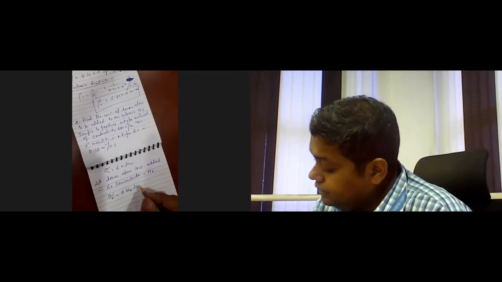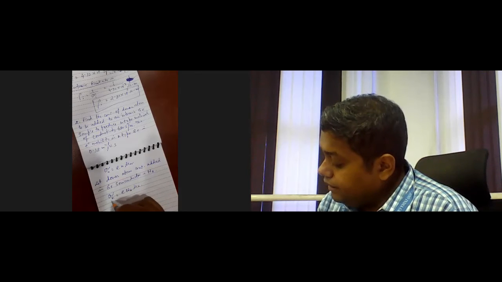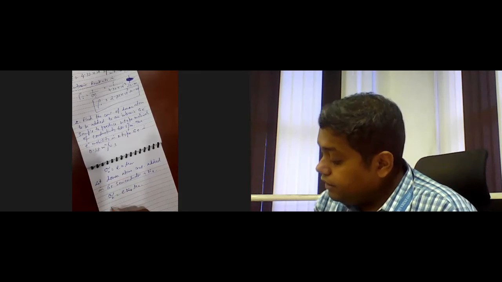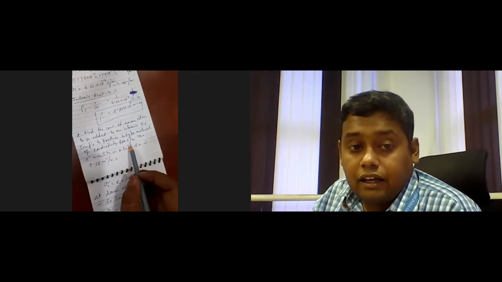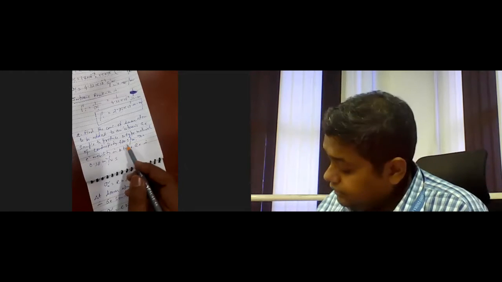So now we want to find out this Nd. So mu n is already given, sigma n is also given. At first you just check the units. Units are all the same, it is SI unit. So here you just put the value of sigma n.